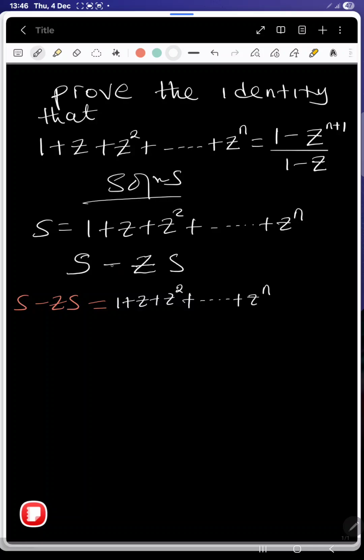Okay, minus, there is a minus here, so you write minus z, open, because z is multiplying with s, so we're going to open the brackets, and then we put again our s.